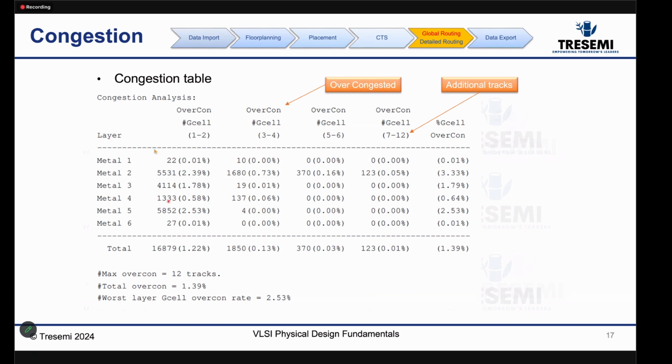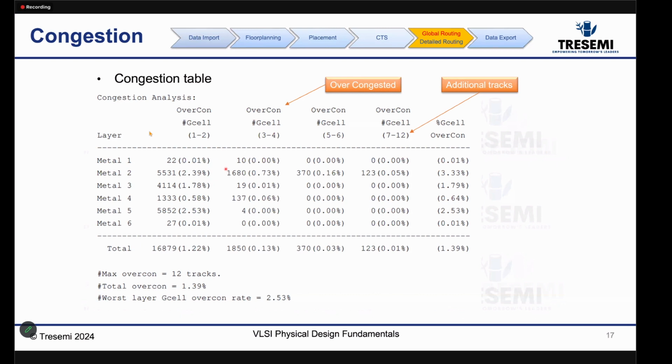But 2 and 4 look like the worst, right? And 2 and 4 are in the same direction, right?